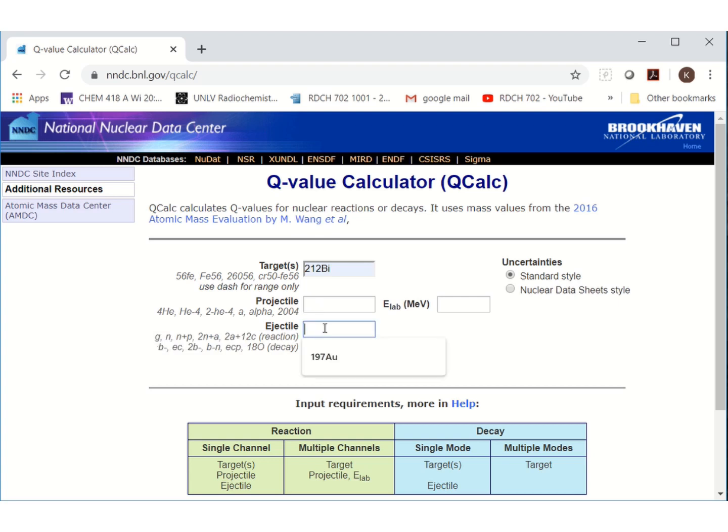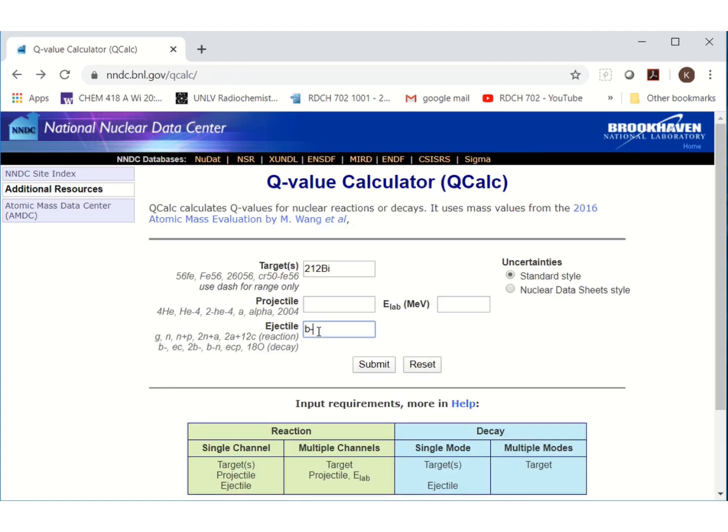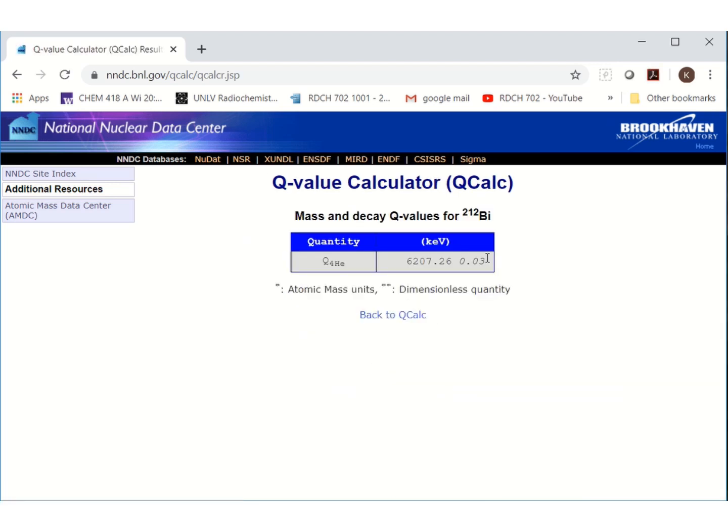So B minus is beta minus, and I can get the reaction straight. If I wrote HE, I can get the alpha decay straight away.